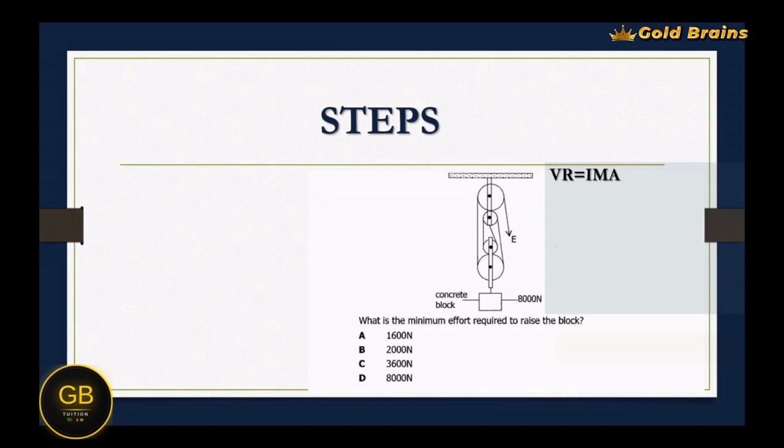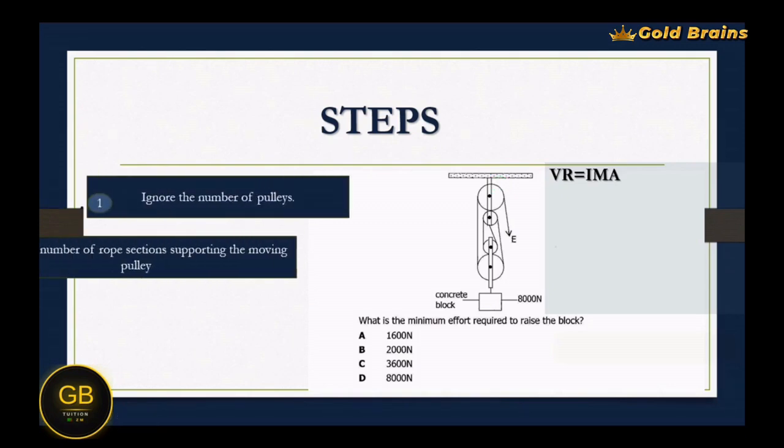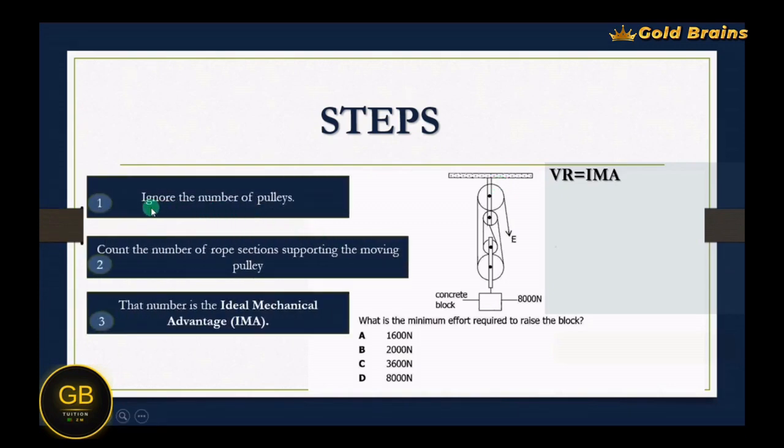All right, now how do we find this ideal mechanical advantage? We do that by simply following these steps here. The very first one is to ignore the number of pulleys you have, right? This means that we are not going to be thinking in terms of the velocity ratio. We'll be thinking in terms of the ideal mechanical advantage.